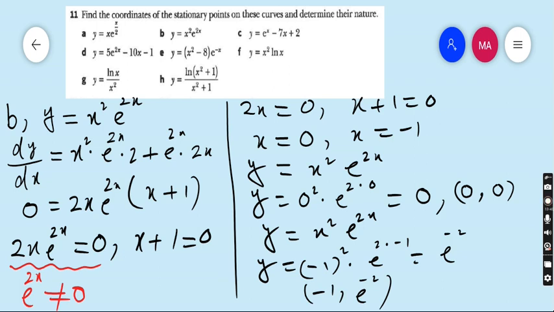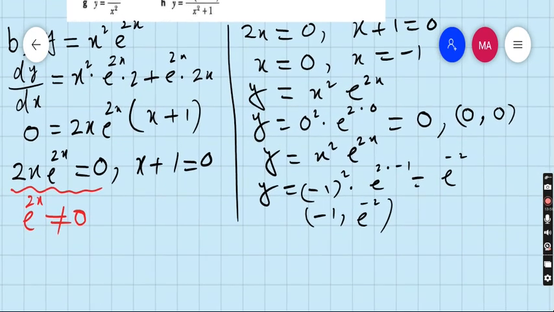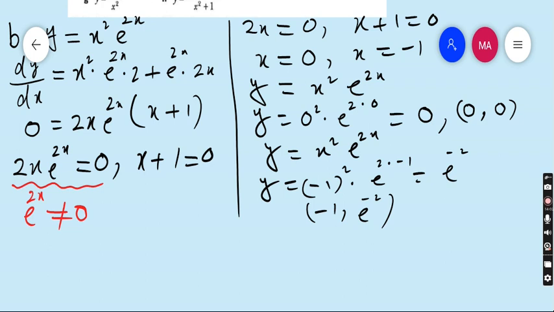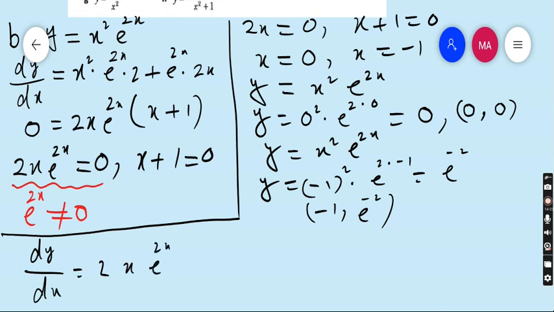Now the second step is to find the nature of these two stationary points. In order to find the nature of these stationary points, we must find the second derivative. So take the answer of dy by dx, 2x e power 2x into x plus 1.